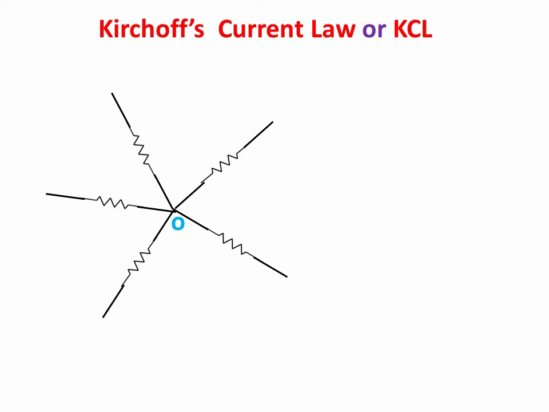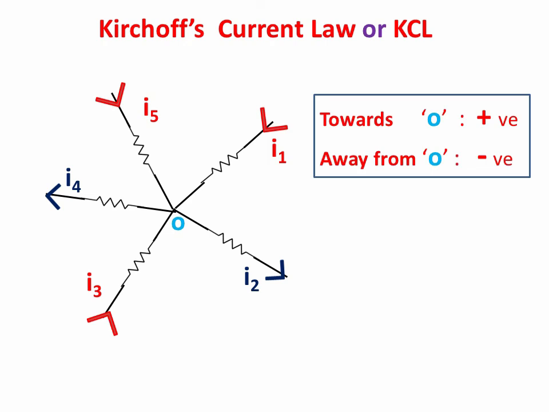Here O is the junction. From this animation we observe some currents moving towards O, some moving away from O. Here I1, I3 and I5 are moving towards O, and I4 and I2 are moving away from the junction O.